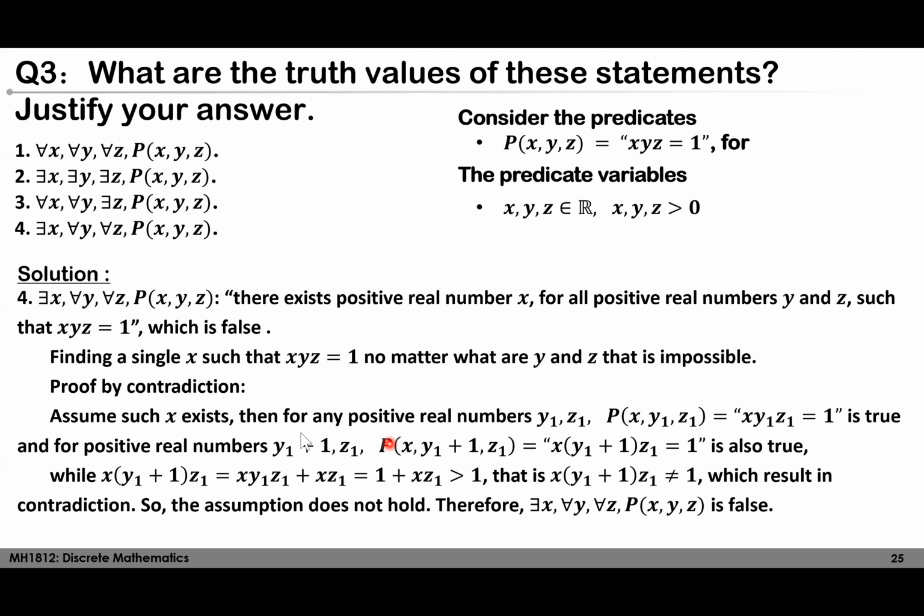Then we know by assumption for any positive real numbers y1, z1, the instantiation of this predicate, the product of x, y1, z1 equals 1, this is true.